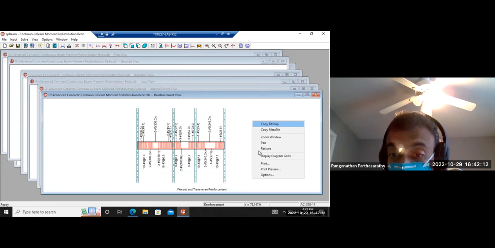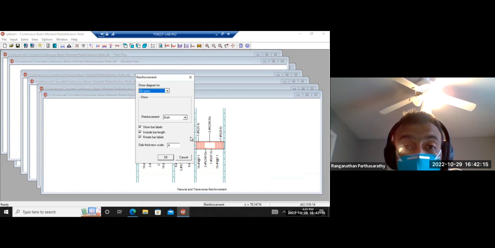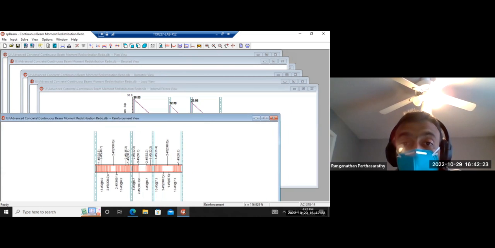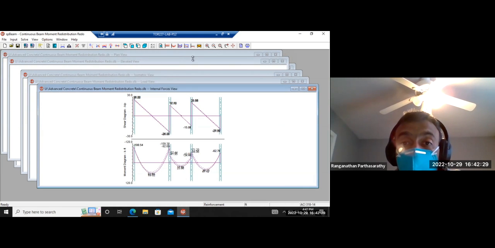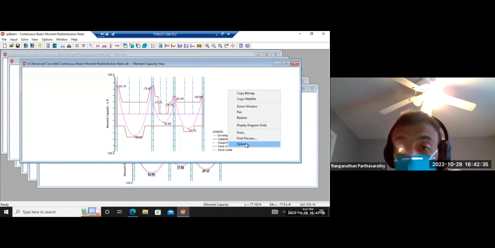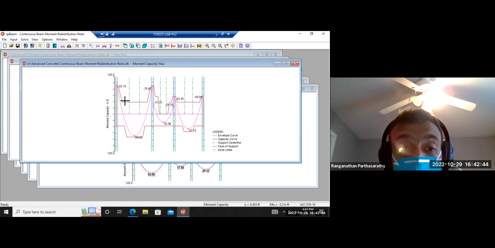Okay. And you can also see reinforcement. So here, I think that's the final reinforcement that it shows. But this you can see, moment capacity. This is our moment capacity using moment redistribution, but you can also uncheck the moment redistribution.